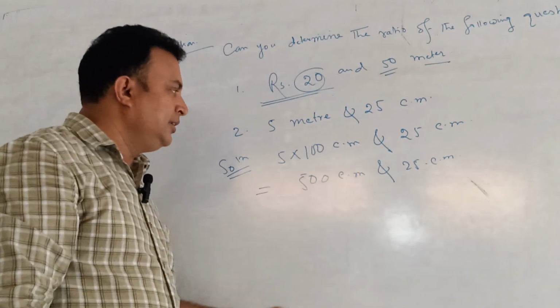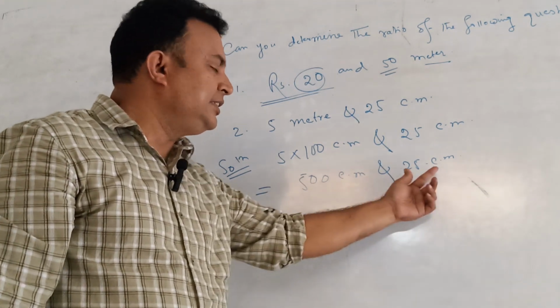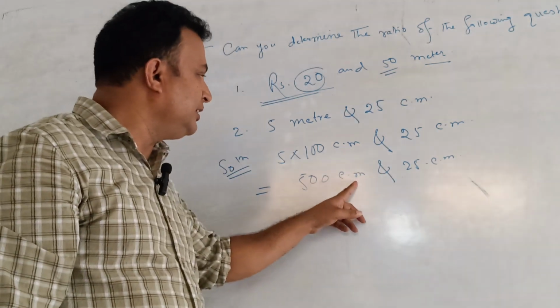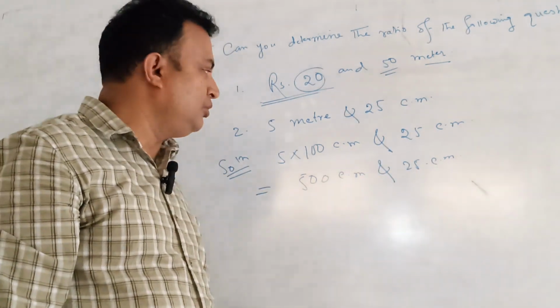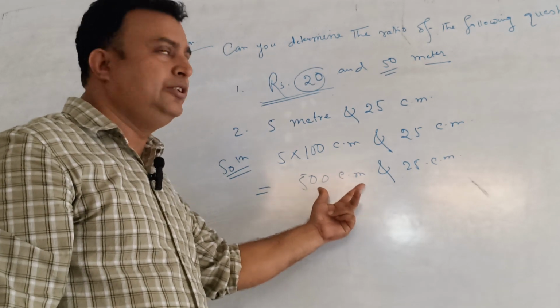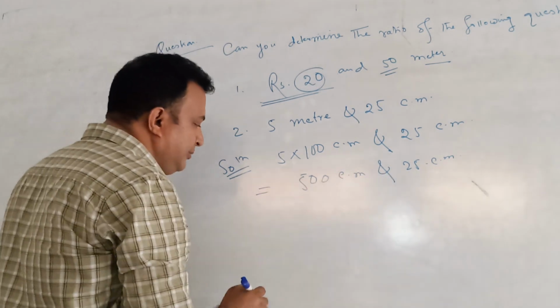Now you see that these two terms are converted into the same units. Here 500 centimeter, it is also centimeter. So we can express it as a ratio. What is the ratio of these two terms?